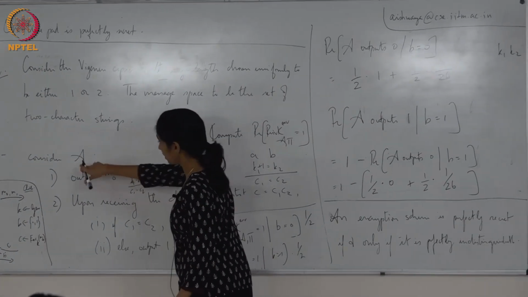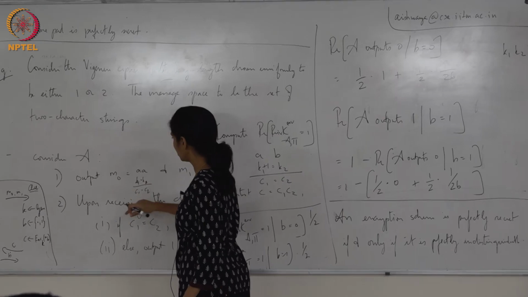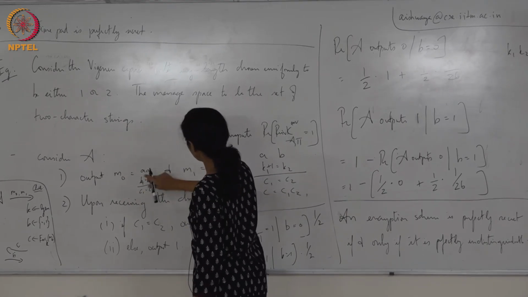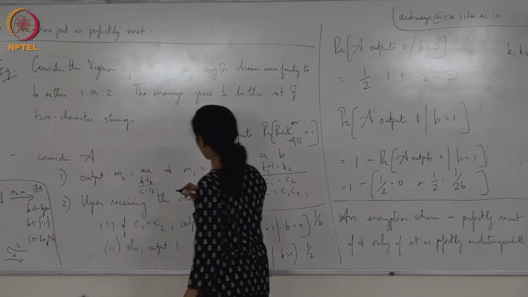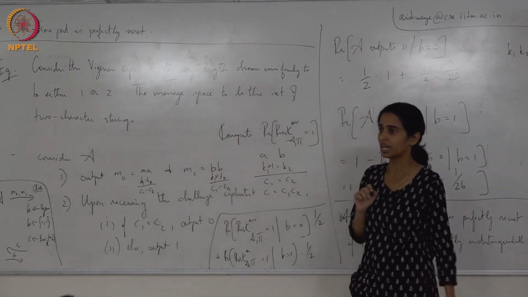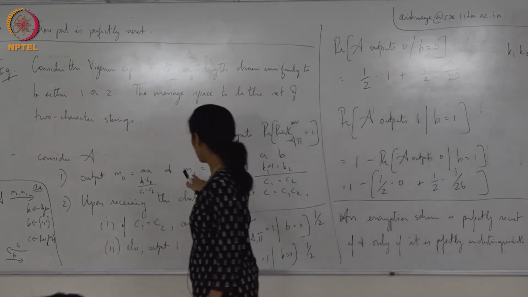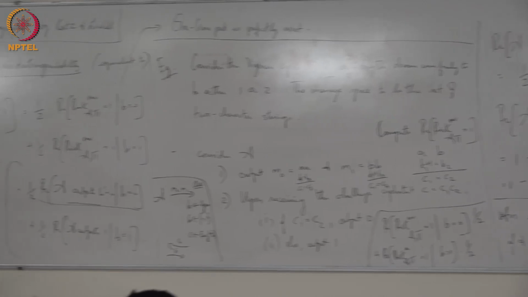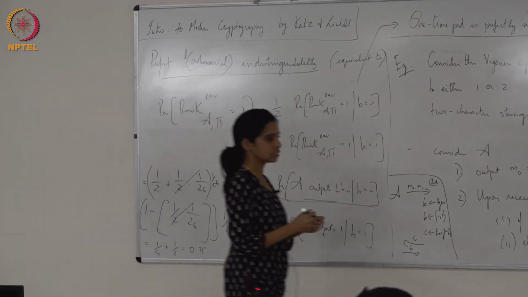What I would like you to try at the end of today is consider, okay, we defined this adversary A. Now consider another adversary that outputs M0 = AA and M1 = BB. Actually, maybe I'll already ask you, what do you think the computation would come to in that case? So essentially the question is the following.